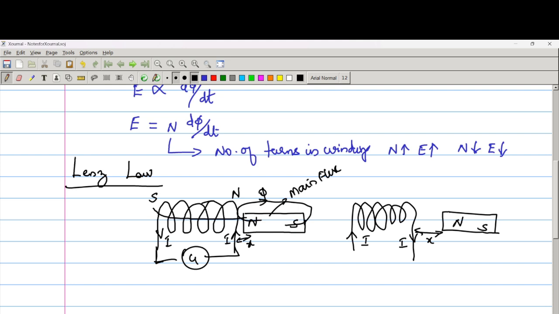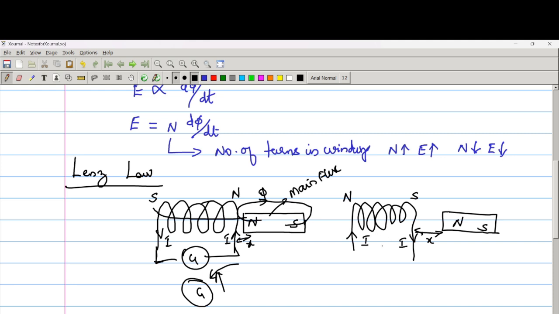Similarly, when we are moving this magnet away from this, the poles automatically become south pole and north pole. That means the current direction is reversed. That is why, in this experiment, whenever the magnet is moving towards the winding, the galvanometer deflection is in the anti-clockwise direction.